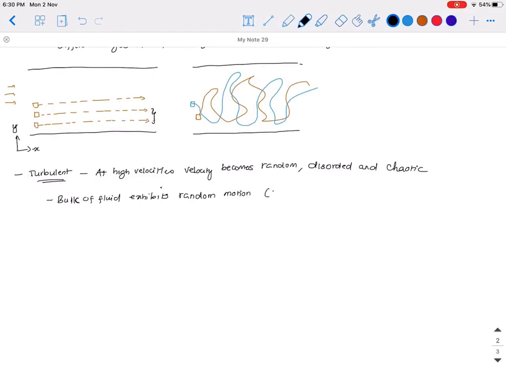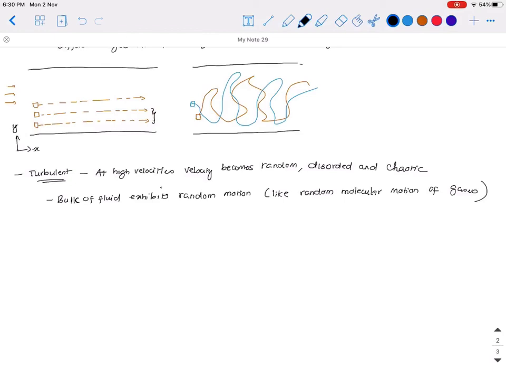This is like the random molecular motion of gases. In turbulent flow, just like those random motions, the bulk of the fluid itself shows random chaotic motion.